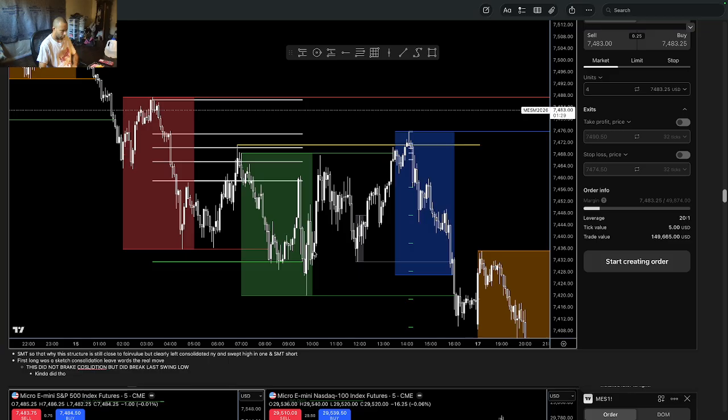I don't know what my notes are saying, but this is about 10 o'clock. Market opens right about right here, 9:30. We got a bearish 5 minute breaker structure. Not all that. Yeah, this 5 minute breaker structure is kind of in consolidation though.